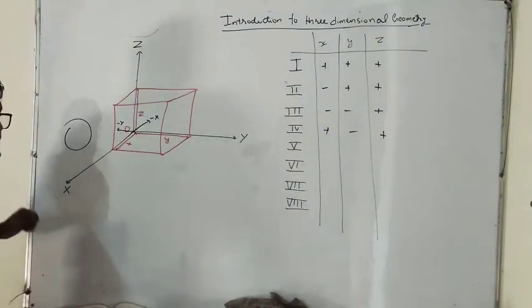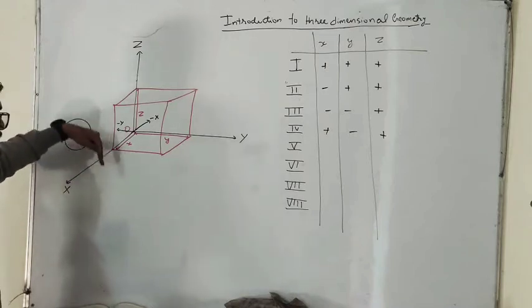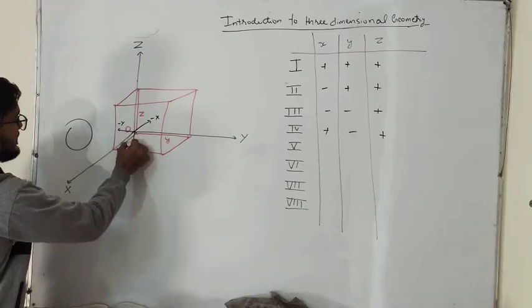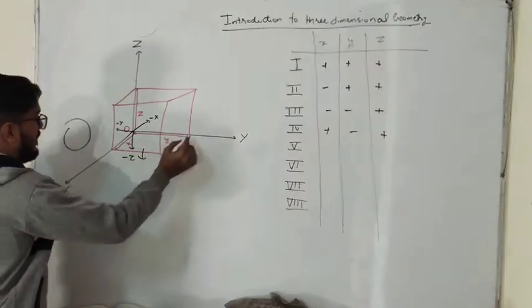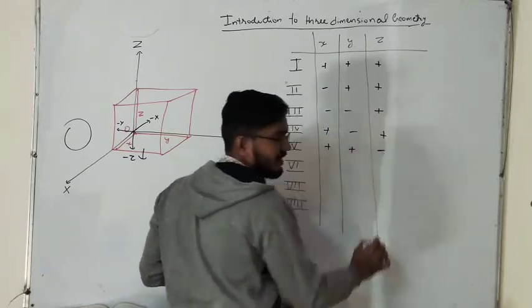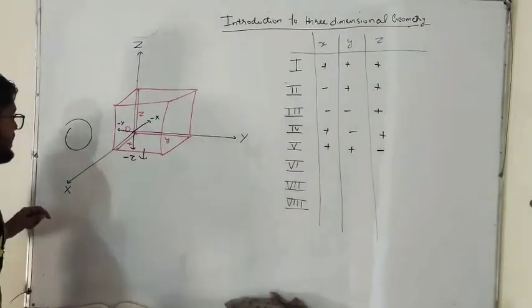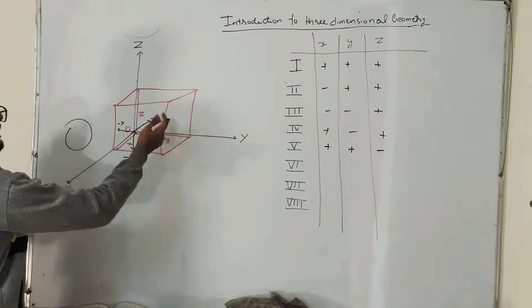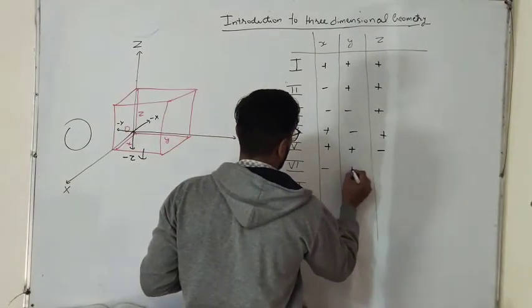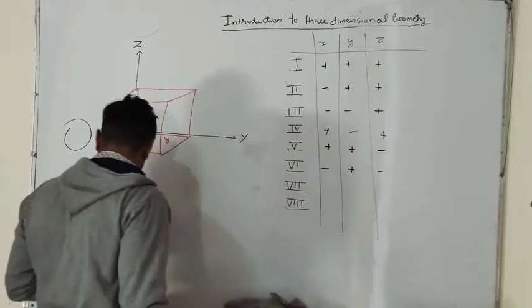Now next come to fifth in which z is negative only, right? This one, below one. So here z is negative, x positive, y positive. So x positive, y positive, z negative, right? Sixth one below that, so x negative, z negative, y positive. So negative, positive, negative.